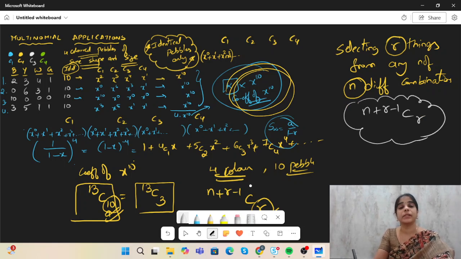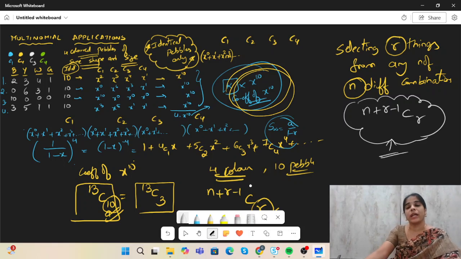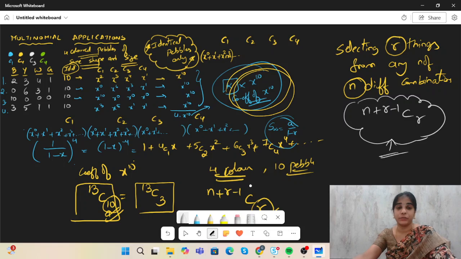This includes the case of rejection also. 0 also will be included. You are not selecting any one of the colors, absolutely fine, no issue at all, right? So this includes the 0 combination also. So do not exclude that from your values. So n plus r minus 1 C r is the formula we have derived for the multinomial applications.